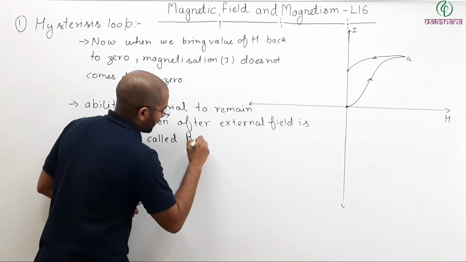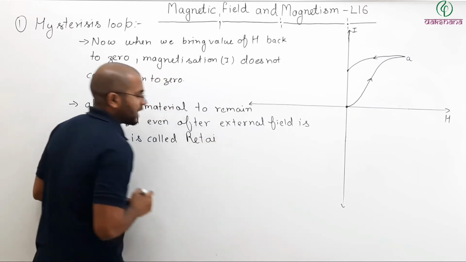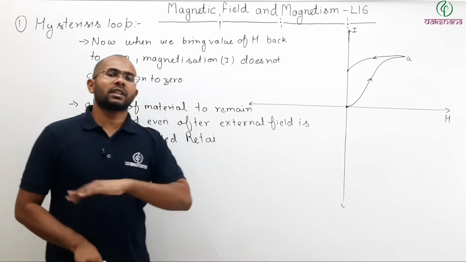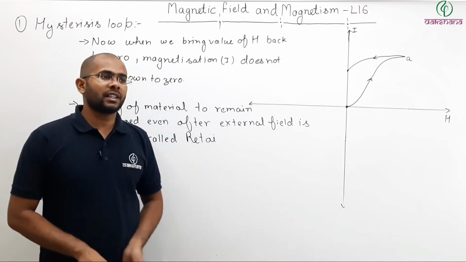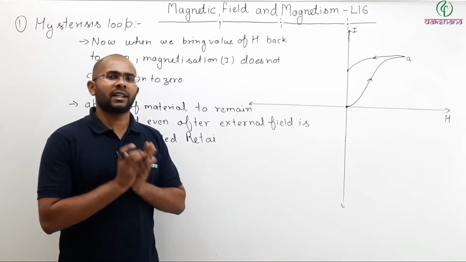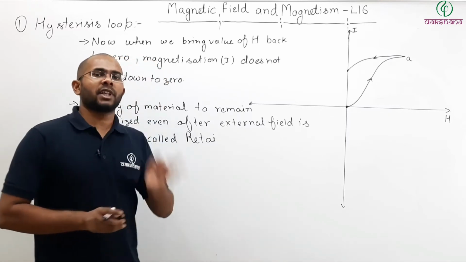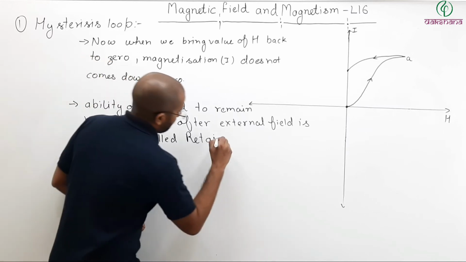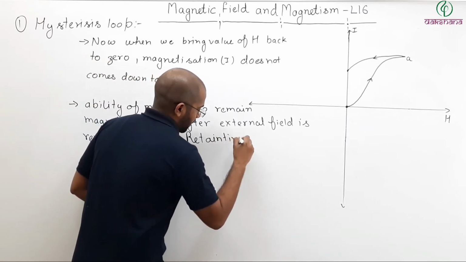It is called your retentivity. Why? Because it is retaining some magnetization. Even after the external field is removed, it is trying to retain some of the magnetization which occurred because of the external field. So that property is called retentivity.